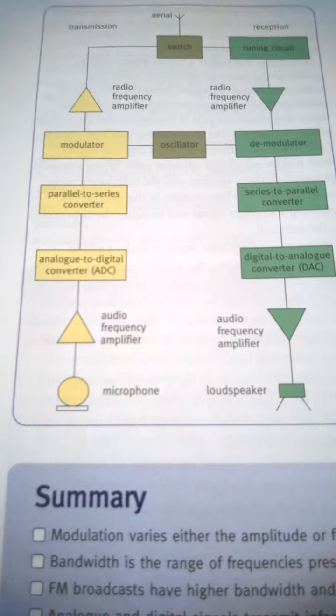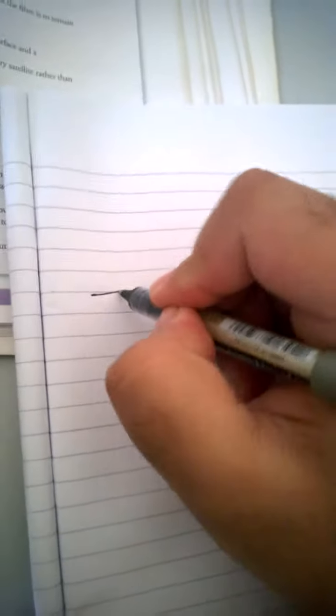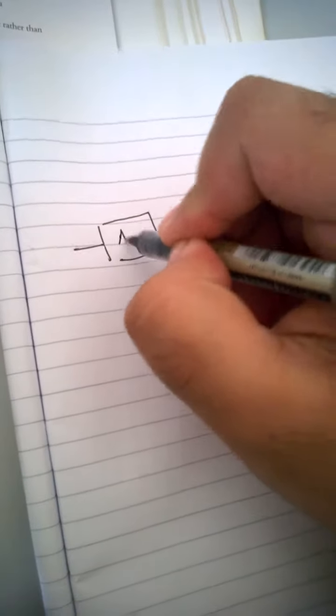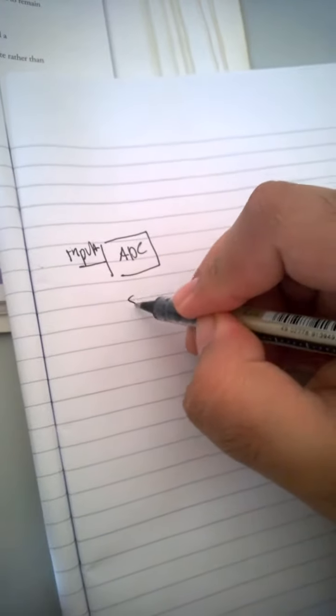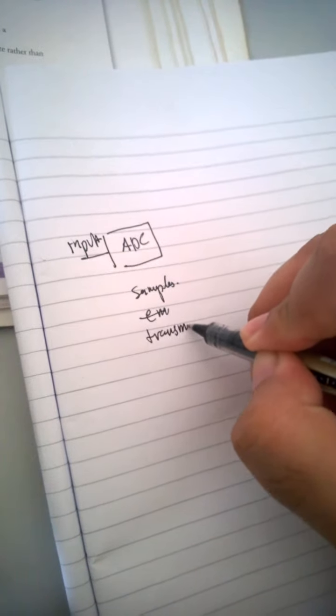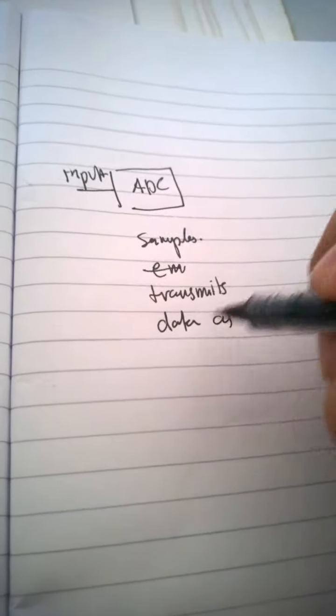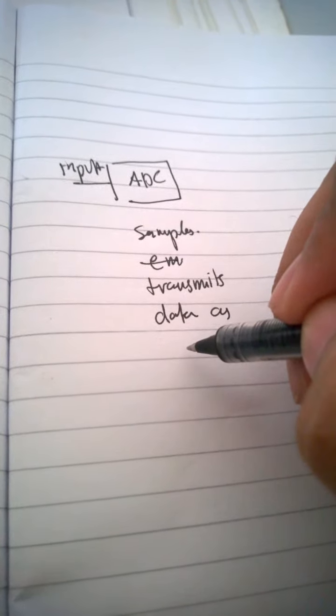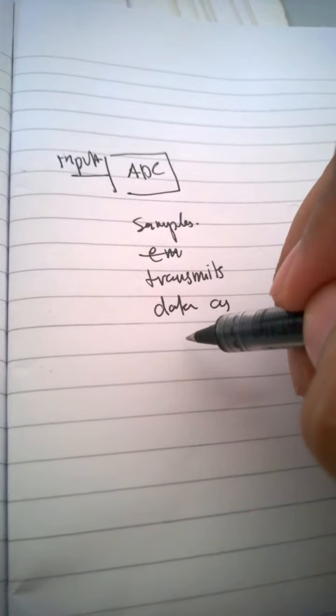Now we need to go to the P2S converter. This is the input to the ADC, so the ADC samples and transmits data as bits.